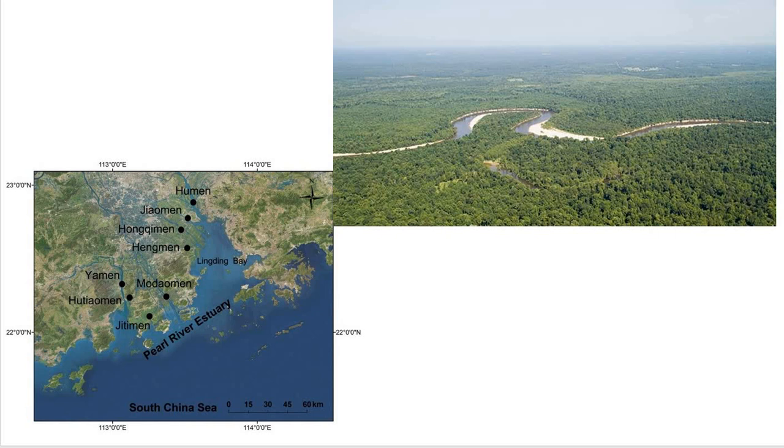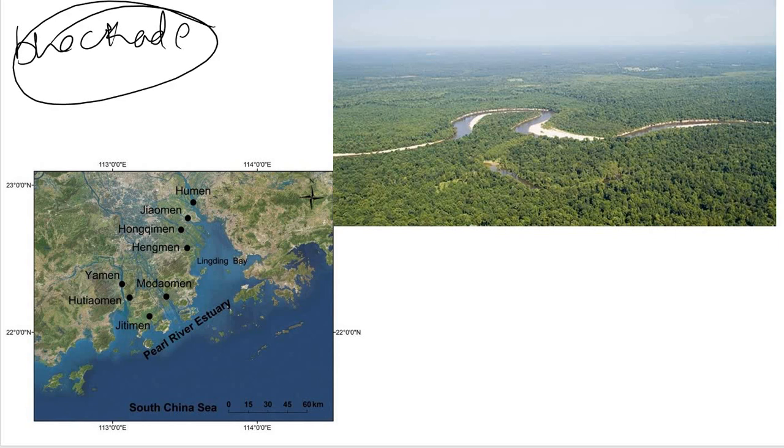Oppositions were growing in the villages. Another incident happened: the British warship destroyed the Chinese blockade in the river called the Pearl River.